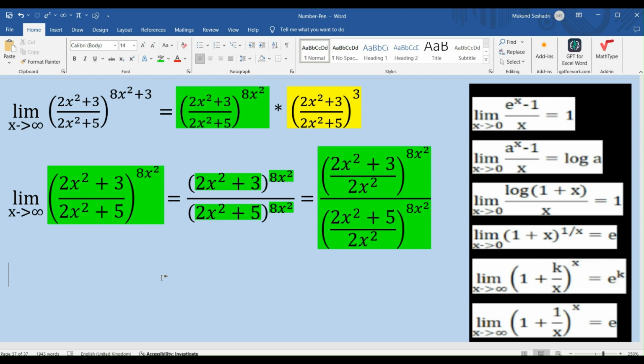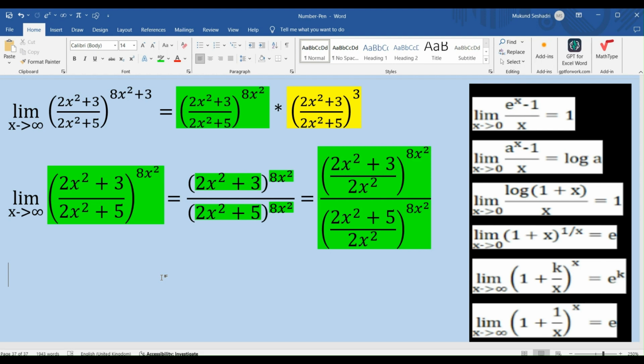And I move the 2x square into the 2x square plus 3 part of the numerator. And similarly, I move the 2x square to the 2x square plus 5 part of the denominator, and still our expression does not change, right? And this makes it a lot easier now.